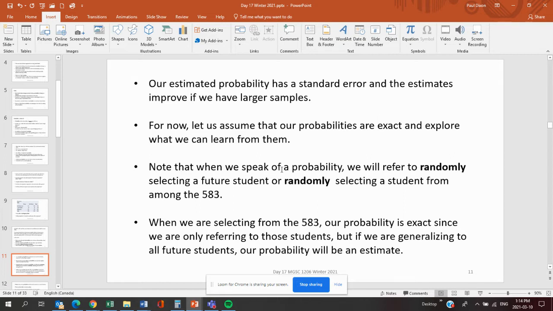Backtracking a little bit, I mentioned generalization. Using this going forward means that the data we use to calculate the relative frequency is indicative of the type of data we'll see in the future. That's probably not the case with this data set, as a caution. Students that take this course in the fall are very different from the students that take it in the winter.